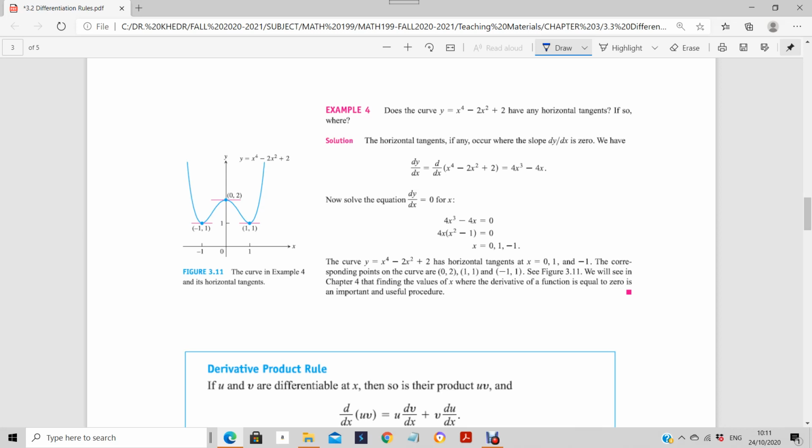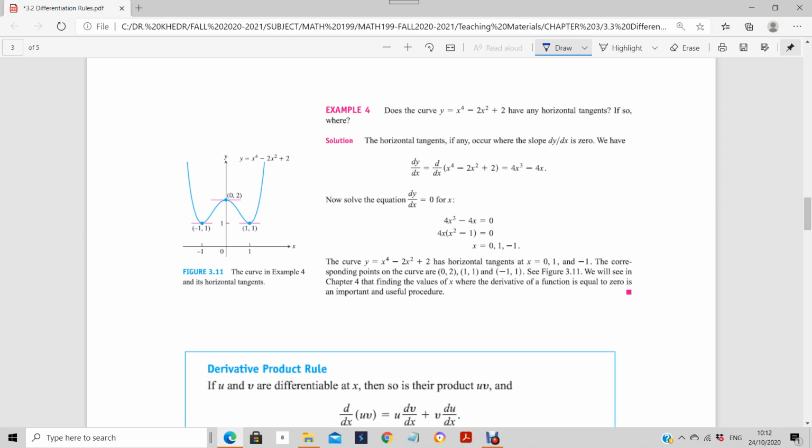So the question here is asking us, does this function have any horizontal tangent? For this function to have any horizontal tangent, its derivative must be 0 at a certain point. So if the derivative of this function is equivalent to 0 at one point, it means that the slope of the tangent line at that point is 0, which indicates that this tangent line is a horizontal line.